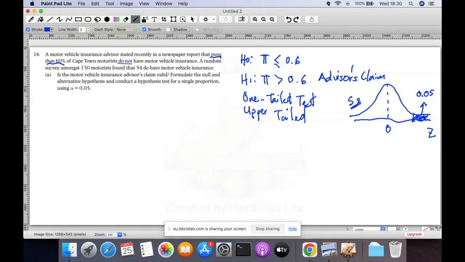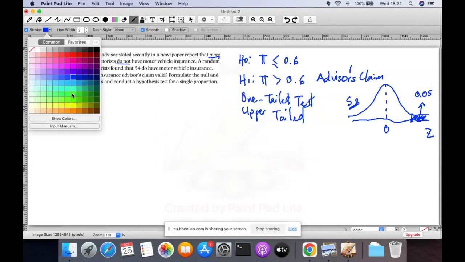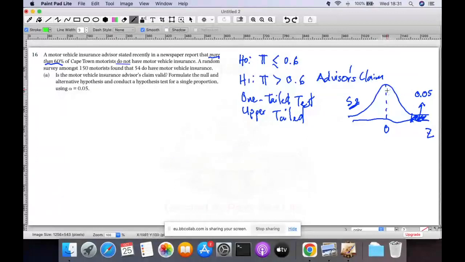Now, just like I did before, you need to use the table in the book or in your formula sheet to get this value. Remember, the table will always give you the area from 0 to that point. So that means you need to know what this area is in green. And that's pretty easy to do because remember what I told you, half the area is 0.5 and you're already using 0.05 for the blue region. So this region here is just 0.5 minus 0.05 and you're left with 0.495.